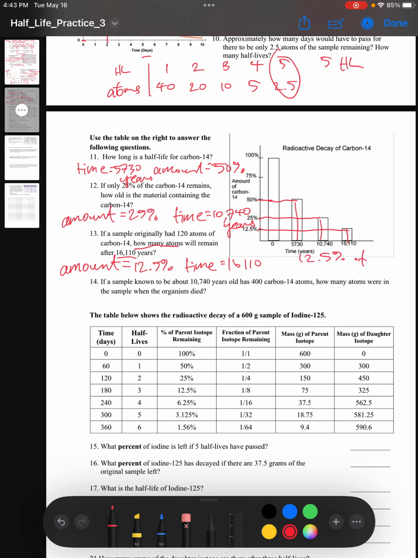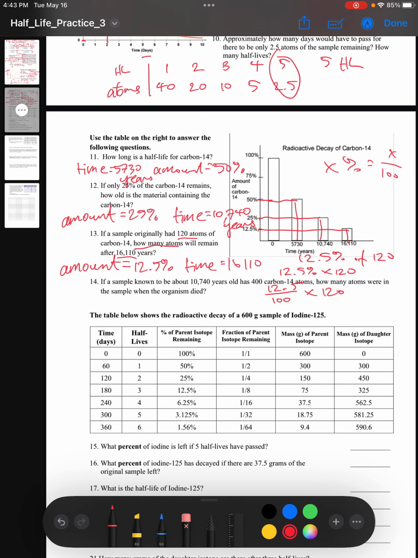12.5% of 120. 12.5% of 120 atoms. That's 12.5% times 120. 12.5%, that's 12.5 divided by 100 times 120. Percent, that equals X% equals X over 100. 12.5 divided by 100 times 120.